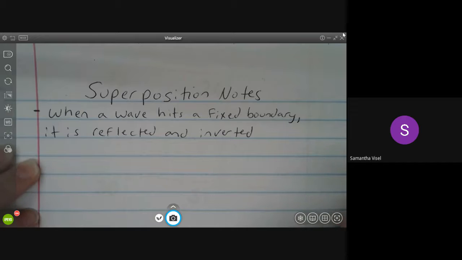So when a wave hits a fixed boundary, it is reflected and inverted. By fixed boundary, we mean something is holding the other end of the medium down. The wave isn't allowed to travel on forever.